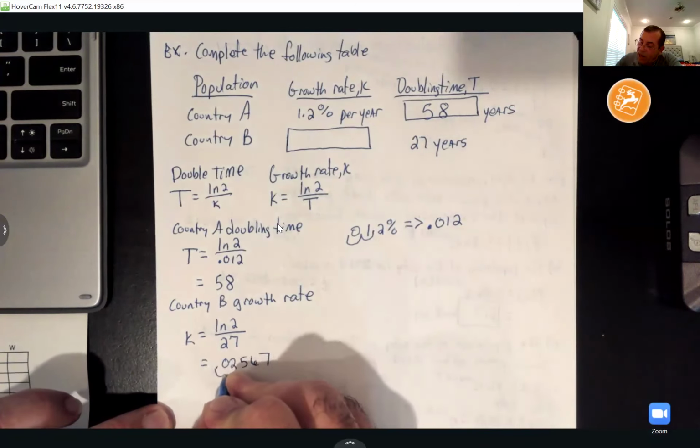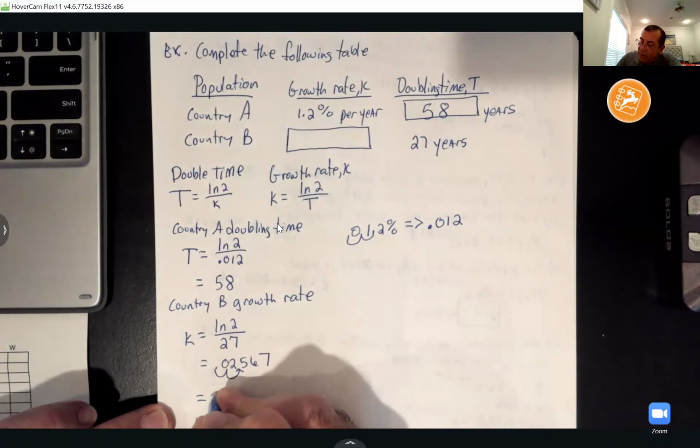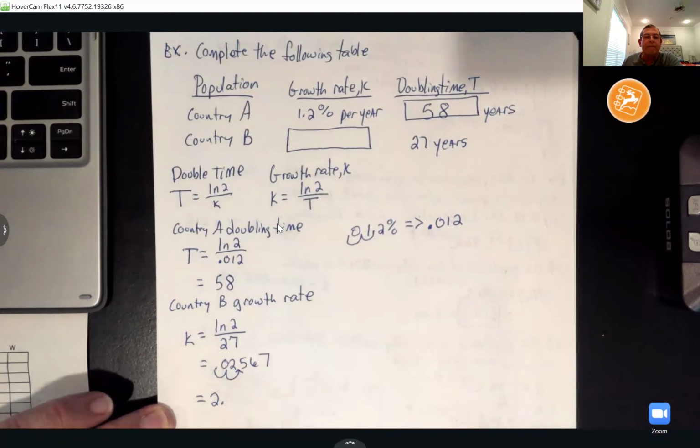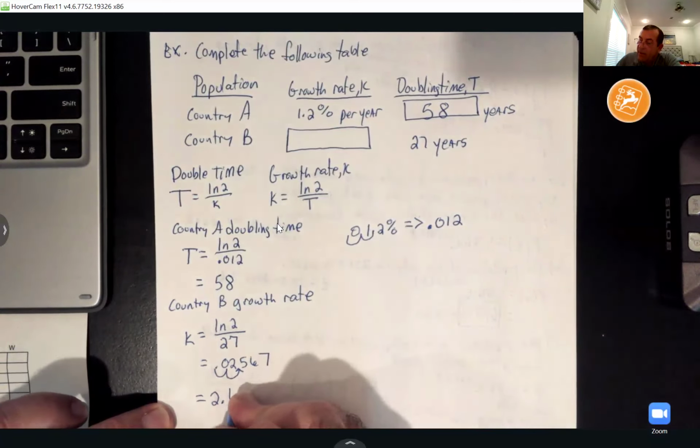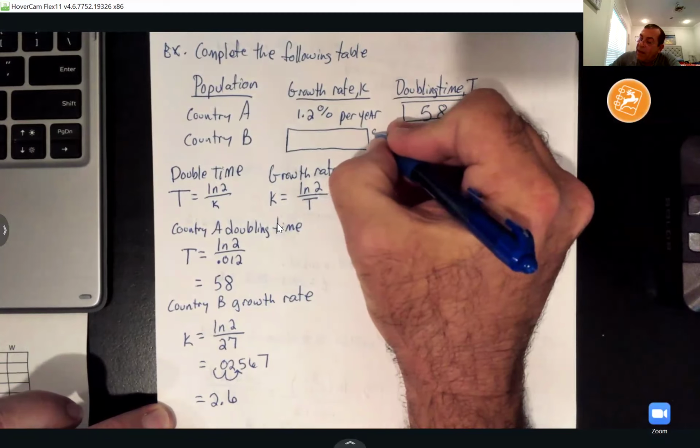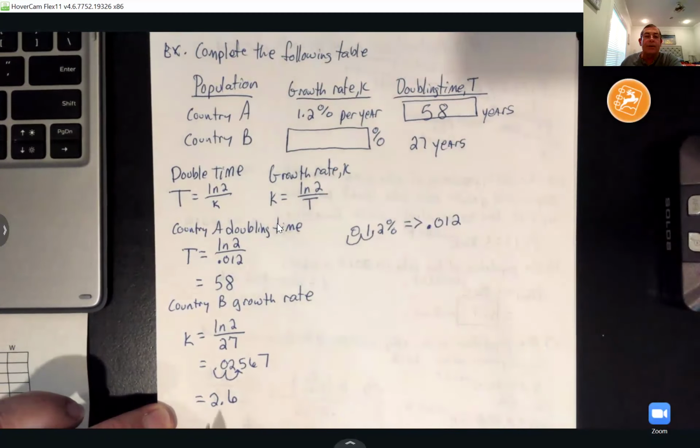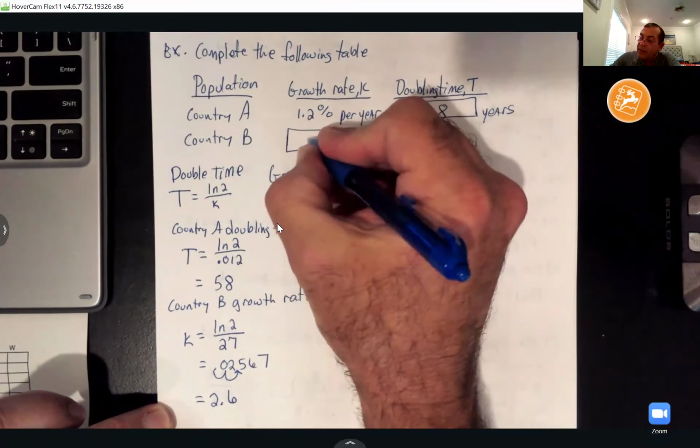So moving it right 2 units, I'm going to get 2 point. Well, y'all, that 5 has a 6 after it, so I'm going to round that 5 up to a 6. Now they already have the little percent sign here. All we have to do is put in 2.6.